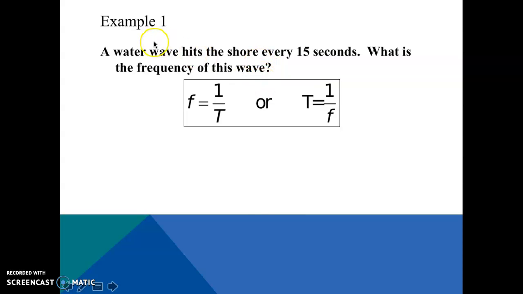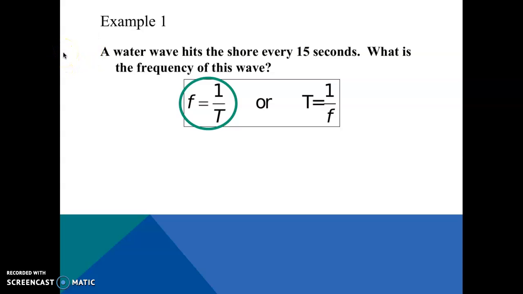So the first problem we have is a water wave hits the shore every 15 seconds. So every 15 seconds, another wave hits. What is the frequency of this wave? Well, out of our three equations, we are going to choose f equals 1 over T. If you weren't quite sure what the period was, you could have looked at the units to help you out.